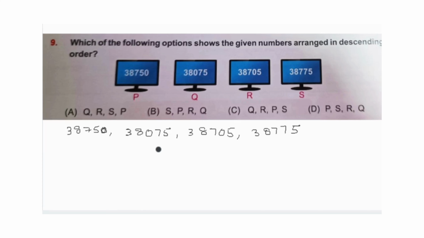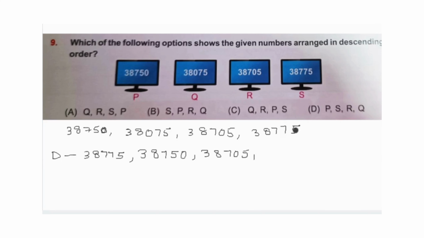If you see, the bigger number here is S, which is, let's write it in descending order. Here the number is going to be 38775, and then the next number is going to be P, which is 38750, and the next number is going to be R, which is 38705.